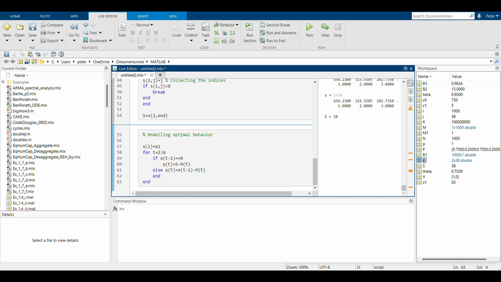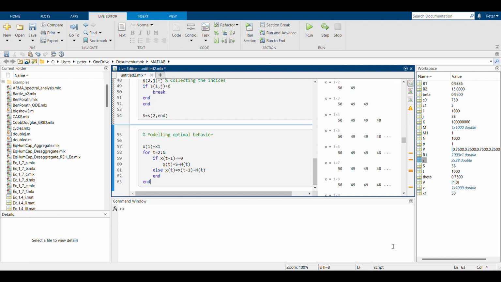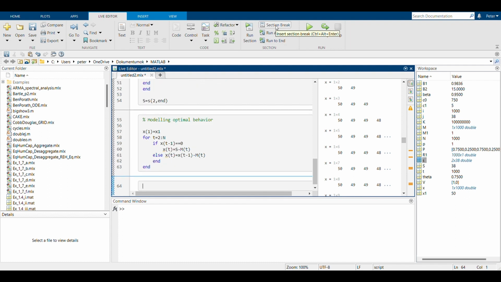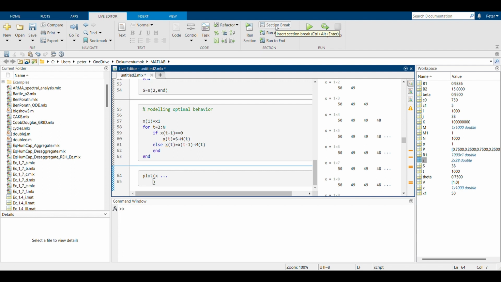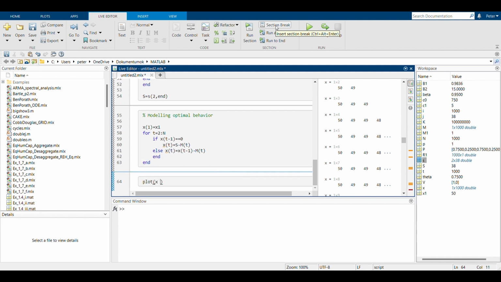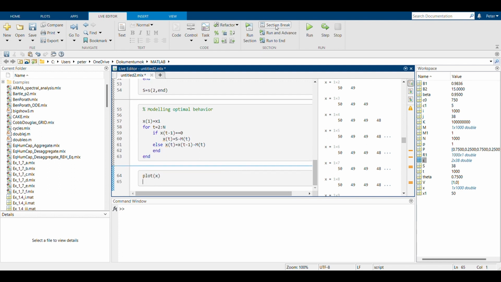Okay, let's run this section. Everything seems to be alright, and there is only one thing to do. Let's visualize the optimum behavior. So simply we will plot vector x in which we collect the stock in each period.